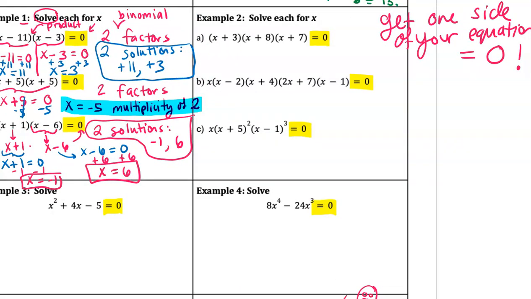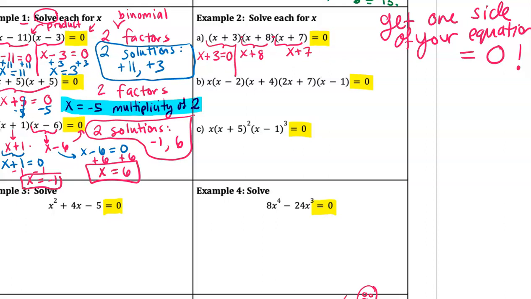Now, in example 2, it's more of the same, but the theme with example 2 is that there are more than 2 and even more than 3 factors in a lot of these. In part A, we just have the 3 factors. So here I have a factor of x plus 3 being multiplied to a factor of x plus 8 being multiplied to a factor of x plus 7.